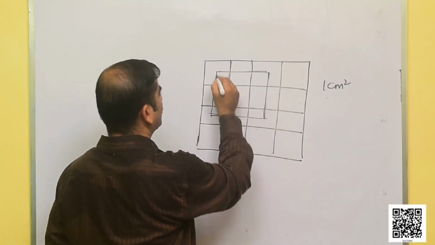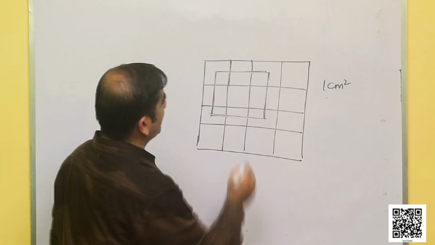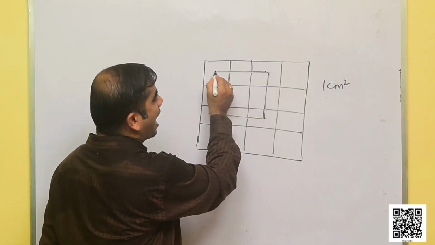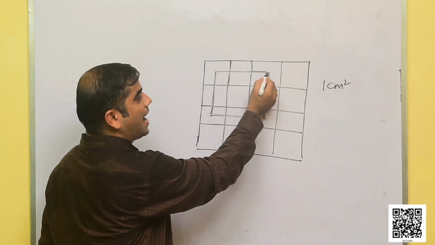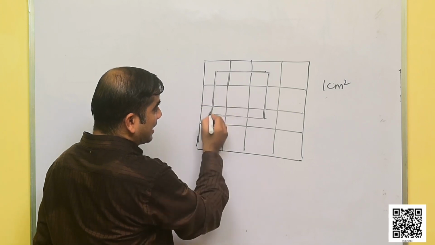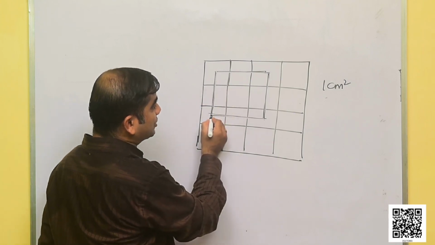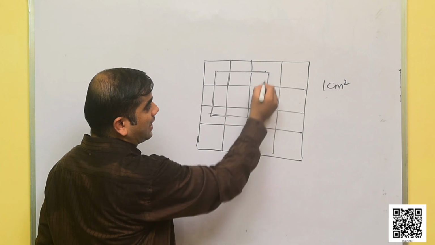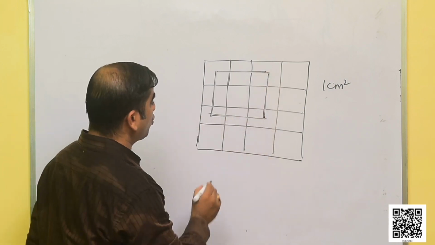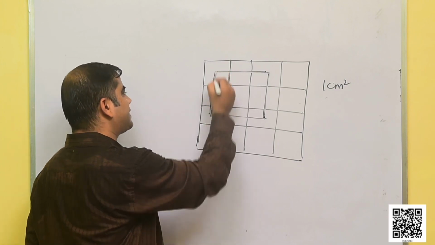Fine. So if I draw a square like this, what we see is that it is covering half of the first square and half of the third square, half of the third square down below and half of the third square down below. So what should be the length of this?